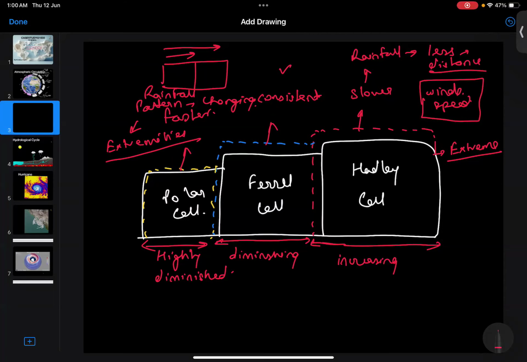Now, when we try to understand overall these conditions here, we will see that there are certain models and theories which we can apply here. For example, there is the Brewer-Dobson circulation, which is basically driven by the Rossby waves, which is affecting ozone and moisture distribution.